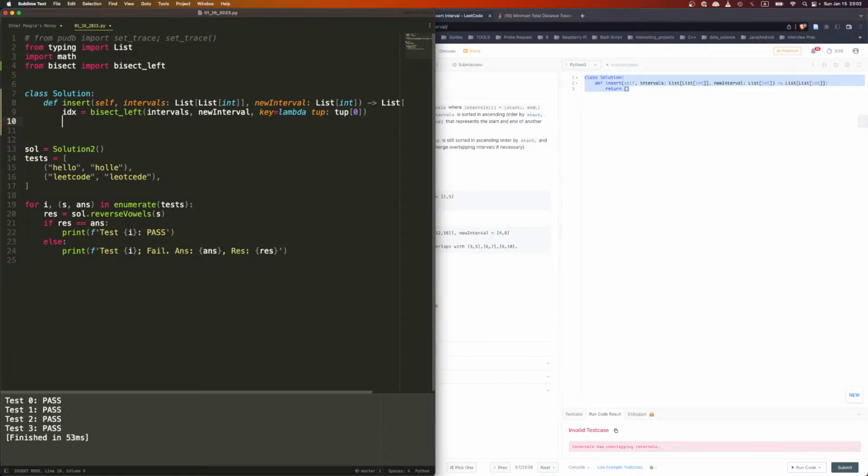Now if it's 0, we do the remaining. If it's not 0, then we compare with the front. We can get the front because it's in between these.